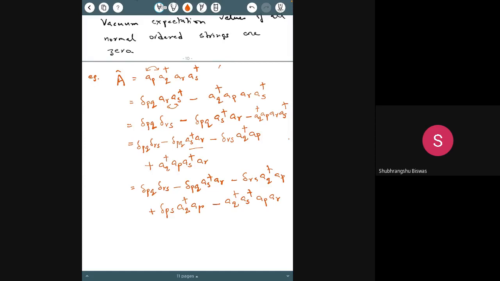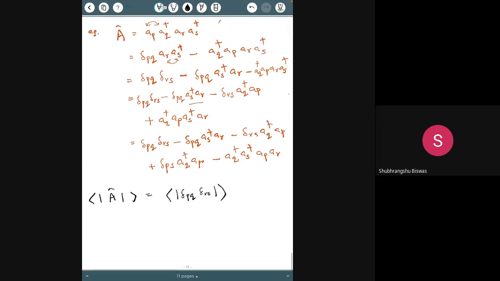Okay. Now let's verify the vacuum expectation value of A. This is a true vacuum expectation value. This is an empty state with nothing in it. So from the first term, we will get something, and from all other terms, we will get nothing.